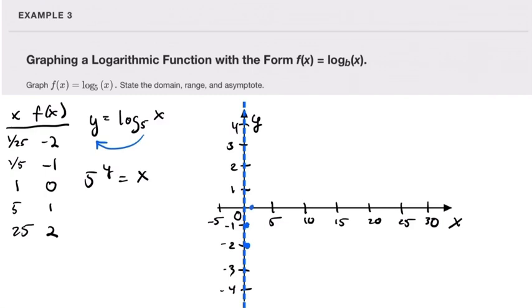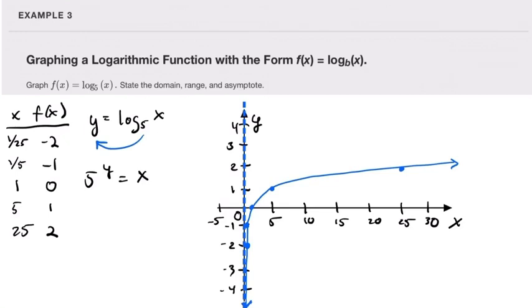And then when x is 5, y is 1, so that's about here. And then when x is 25, y is 2. So that's about here. All right? So we start really close to the y-axis. We pass through these points, and it kind of goes in that direction.